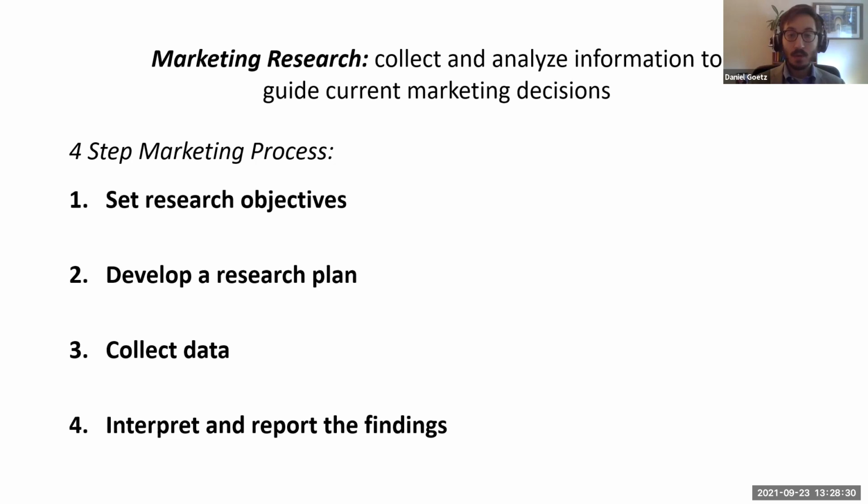Here, we'll talk about research where you're collecting data from your potential customers. So we're going to walk through each of these four steps: how we set our research objective, how we develop a research plan, how we then collect data to fulfill our research plan, and once we have the data, what's a good way to interpret and report the findings?